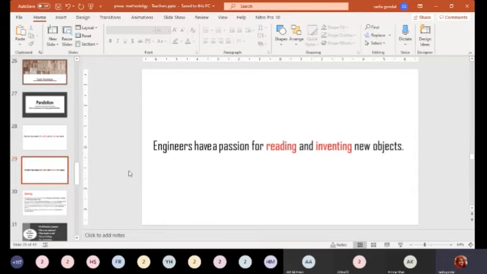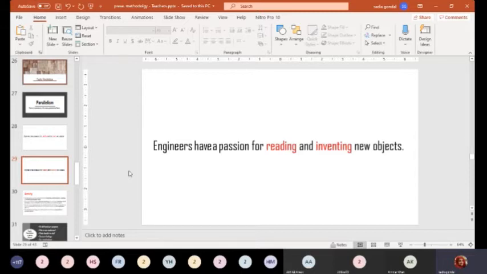Or if you want to use the word to with it, that is the infinitive, what you could have done is: engineers like to read and to invent new objects. We can also rephrase this sentence like this. When I've rephrased it, I have used to read and to invent. I hope I have made myself clearer.